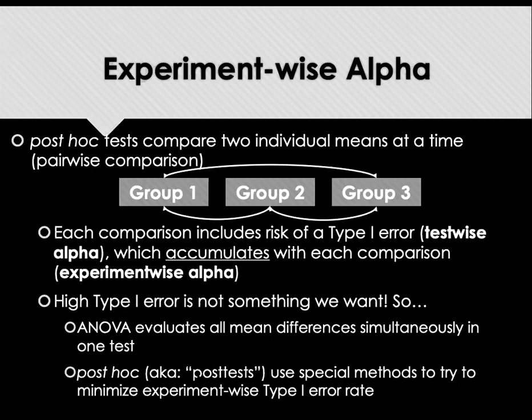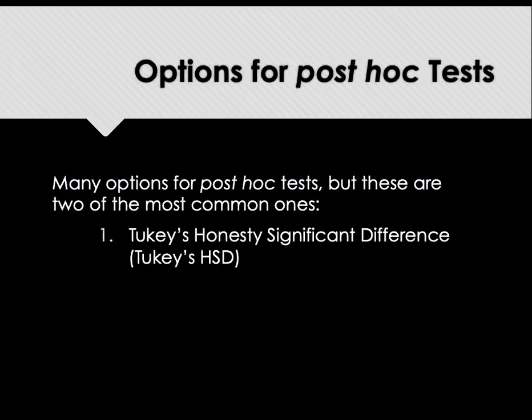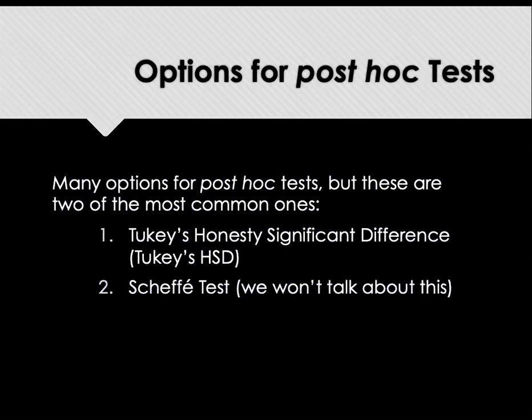But the post hoc tests, or post test, use special methods to try and minimize the experiment-wise type 1 error rate. And what are these special methods? What does it do? There are 2 common options for post hoc tests.